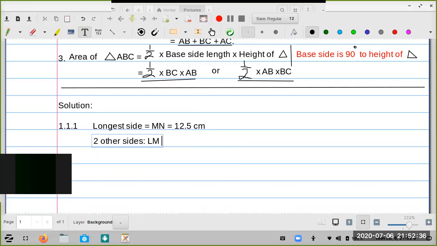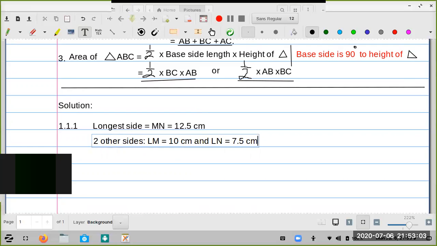LM is equal to 10 centimeters, and LN is equal to 7.5 centimeters. So this is the information that I have from the statement.